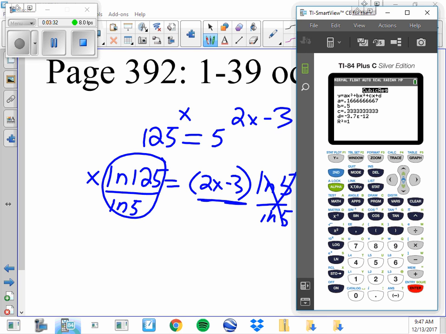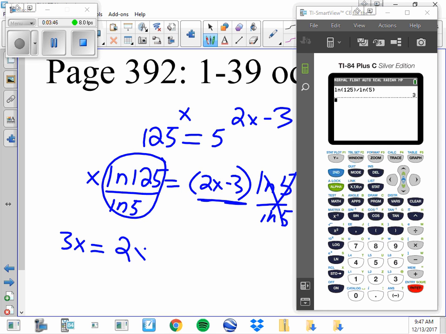The ln of 125 divided by the ln of 5 is actually a nice number. It's 3. Okay, so I get 3x is equal to 2x minus 3. Subtract the 2x over, and I get x is equal to negative 3.